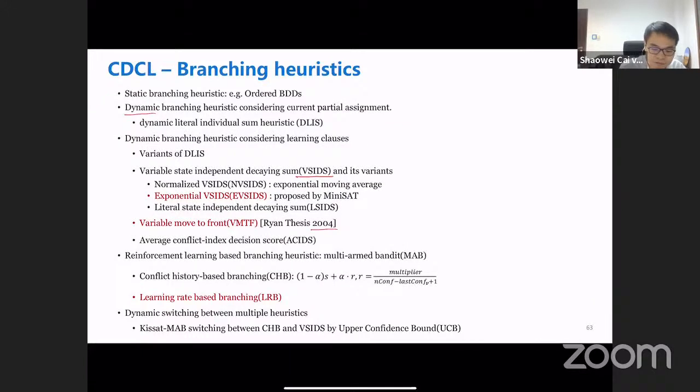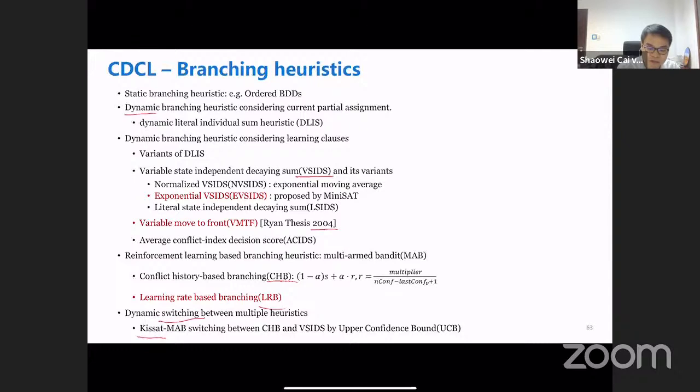This is different from VSIDS. And also reinforcement learning-based branching heuristics include CHB and LRB. LRB is improved from CHB. And in recent years, we see dynamic switching between multiple heuristics. For example, KeySat, this year's winner, switches between CHB and VSIDS by some heuristics.